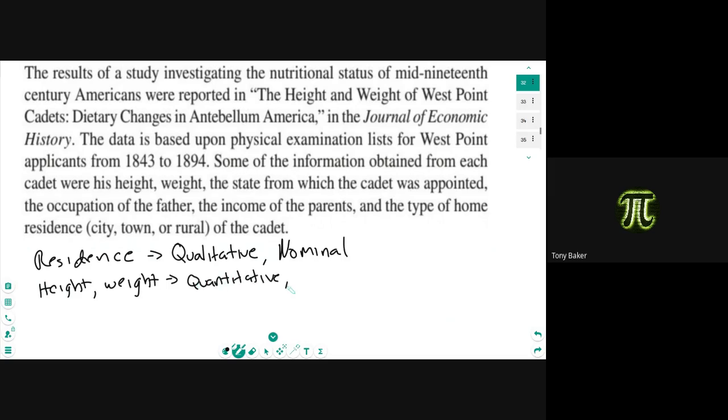So we're going to look at interval or ratio. You can say twice as tall or twice as heavy. So I would go with ratio for these. That would actually have some kind of meaning.